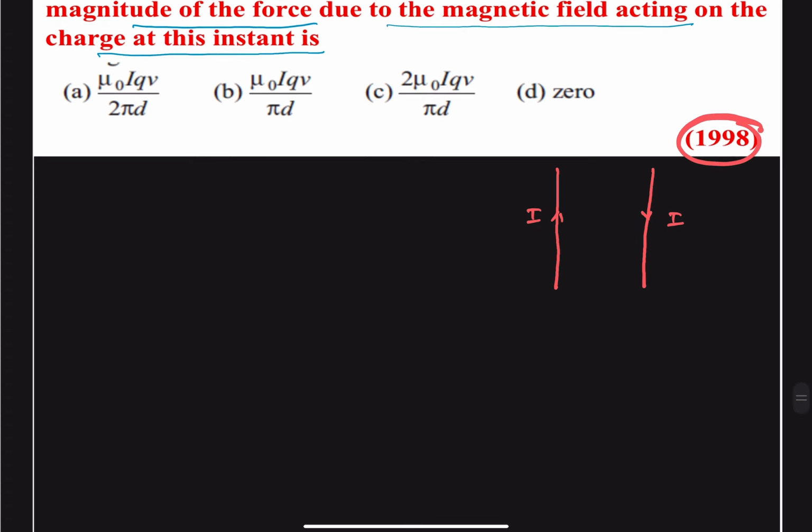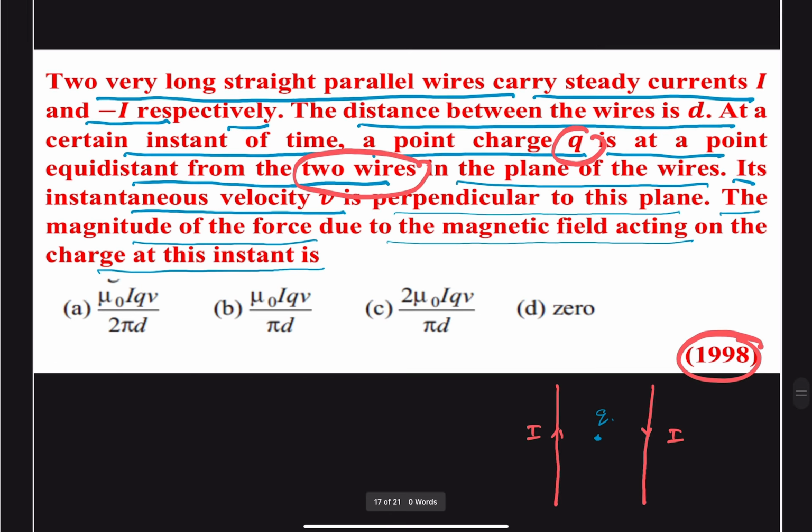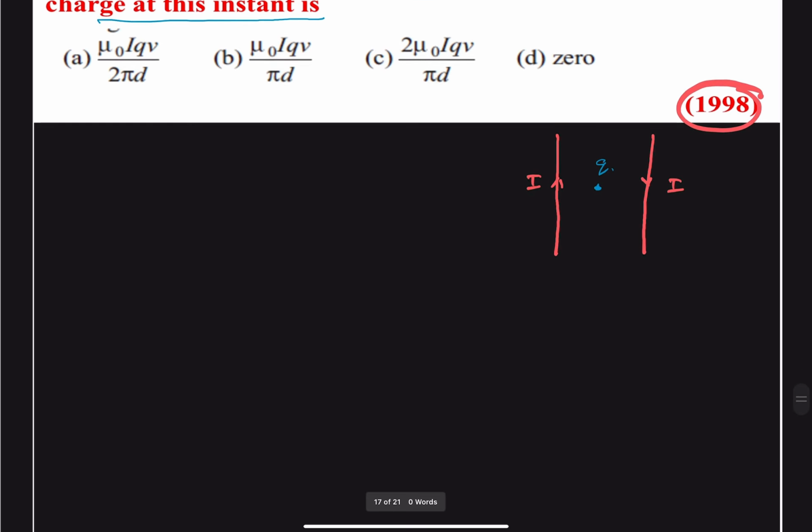So let us suppose this is our point charge q equidistant from both the wires, and the distance between the wires is given as small d. So now the point charge is at a distance of d by 2 from each wire.